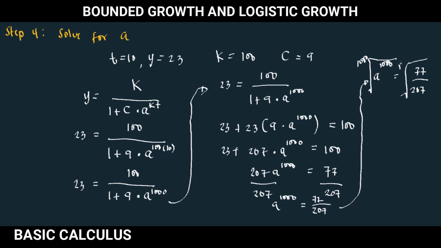That's the way to get rid of the exponent. So on the left side, this cancels out, so we are now left with the variable A, and on the right side, this is just equivalent to 77 over 207 raised to 1 over 1000. So here's now the value of A.